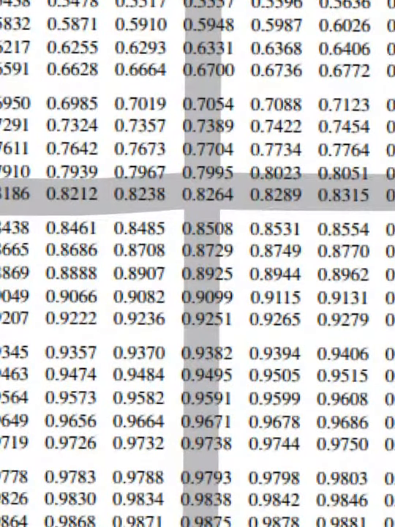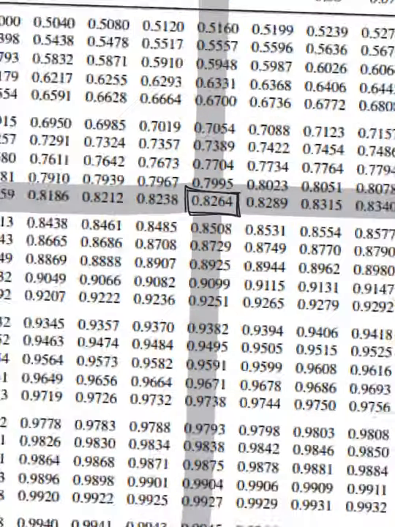There is a probability, 0.8264. Where? To the left. The z-table always gives us the left probability. So 0.8264.